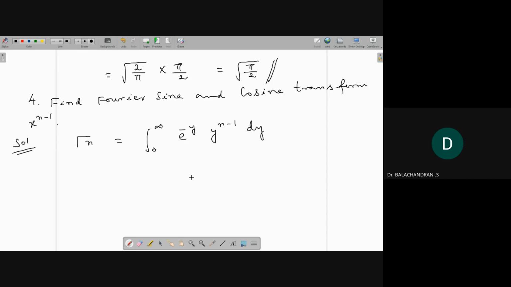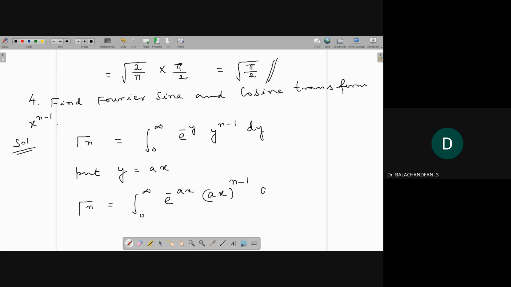Now I'm going to substitute y is equal to ax. So then we will get gamma of n equal to integral x from 0 to infinity e power minus ax. Y is what? Ax whole power n minus 1, into dy is what?